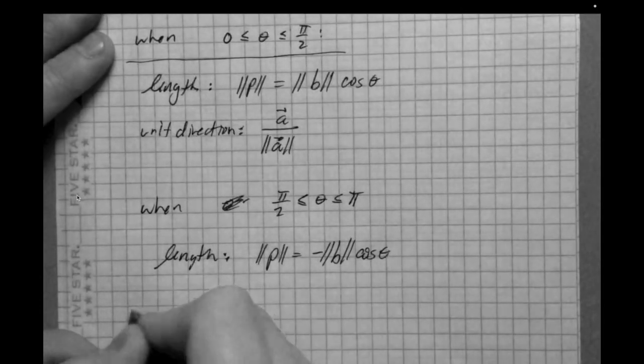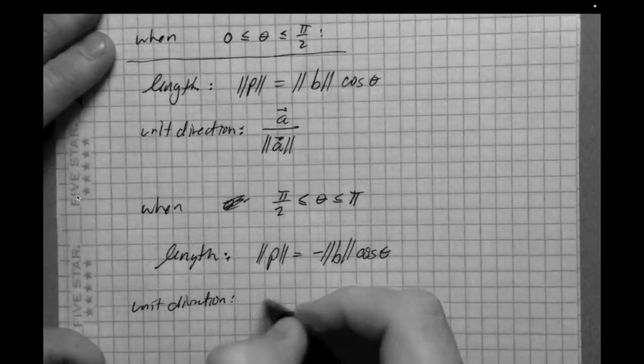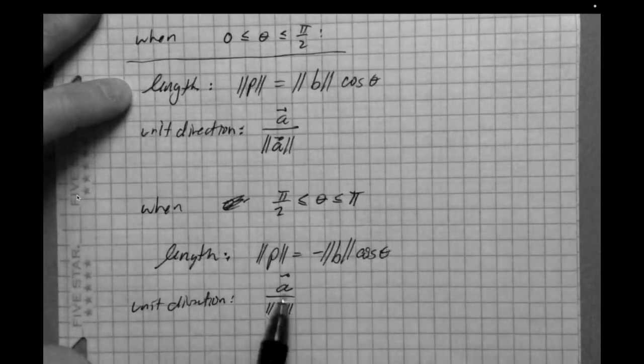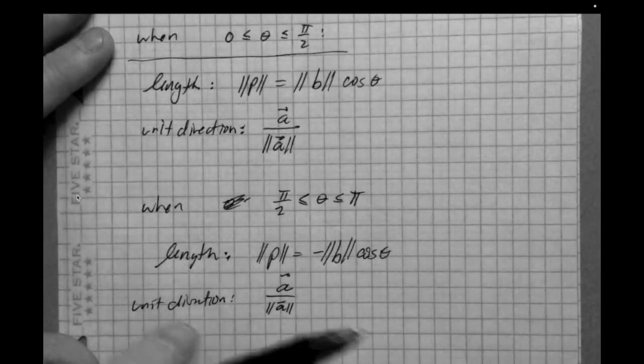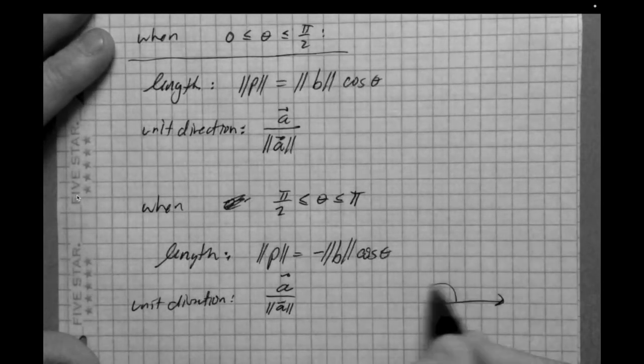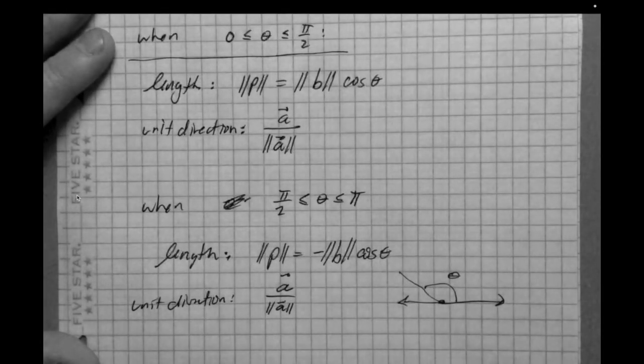And what about the direction? Well, you can still use A, right? But if A is going this way, then the vector P is going in the other direction, right?